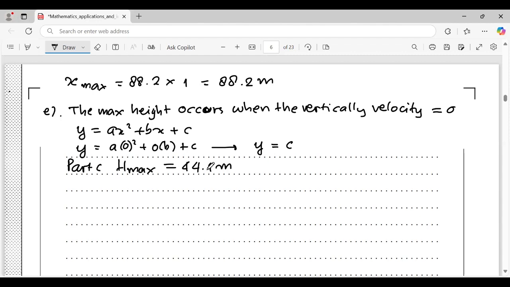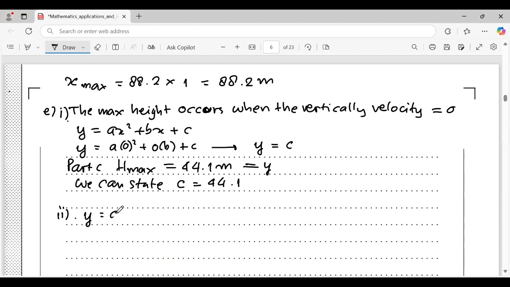This is the maximum height on part C. So we can state that y, the maximum height, is y. So we're going to say that c equals 44.1. Yeah, this is part 1.